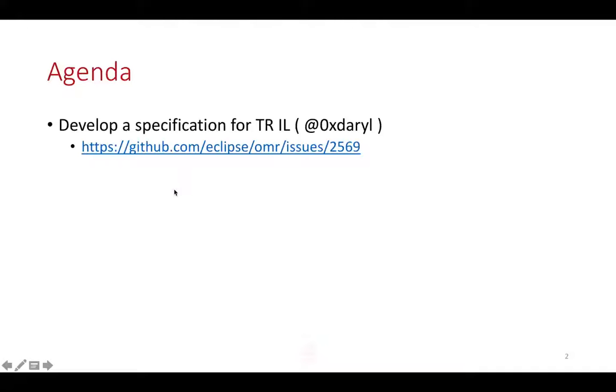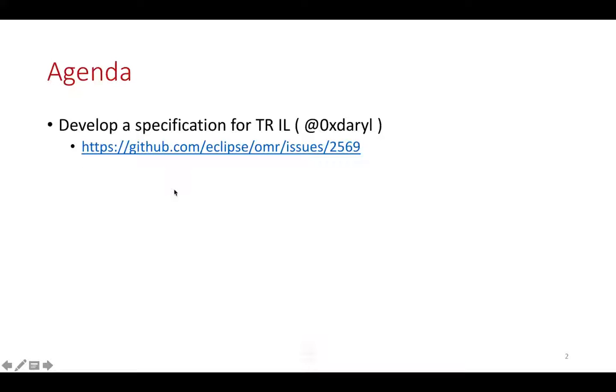But now that there are technologies other than Java starting to consume OMR, it's probably time to formalize it a bit more and put some rules around how the trees are structured, what the semantics of the various IL opcodes are, what the properties mean, and try to understand what the different components of the IL actually are.